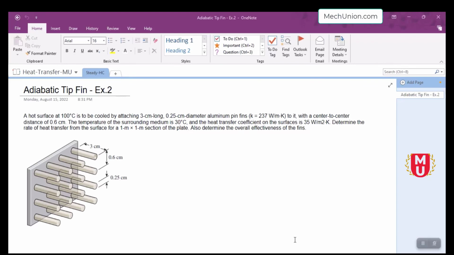There are 5 assumptions to solve this problem. 1. A steady operating condition exists. 2. The temperature along the fins varies in one direction only, normal to the plate. 3. Heat transfer from the fin tips is negligible. 4.